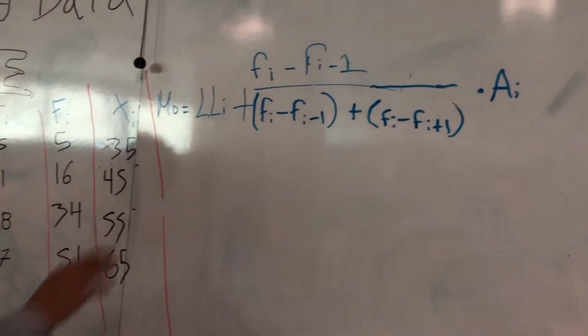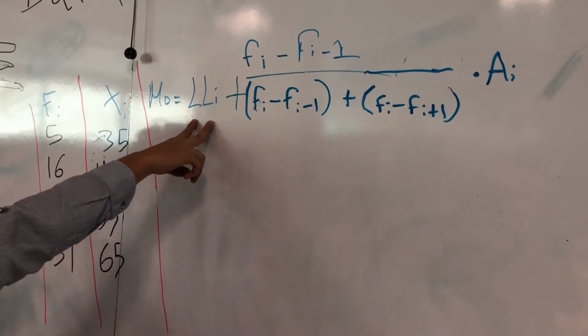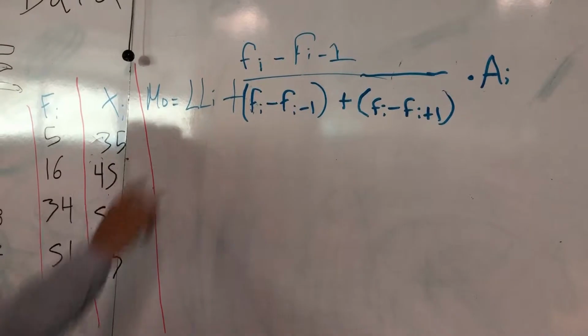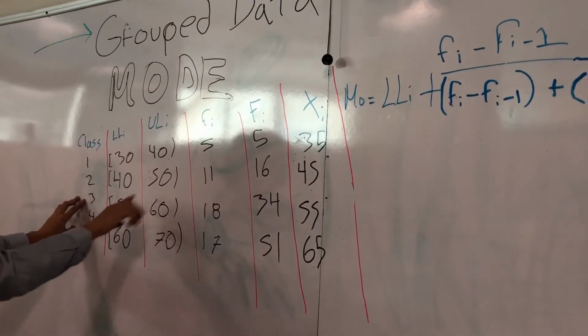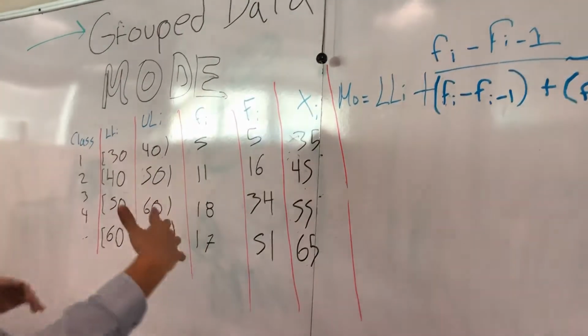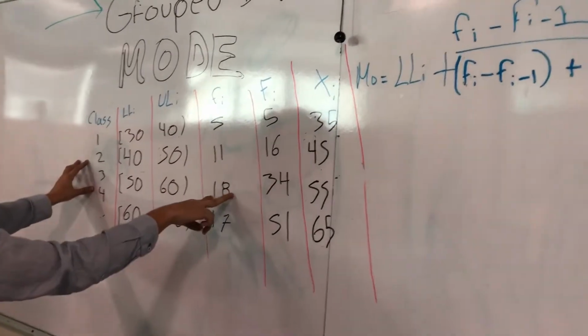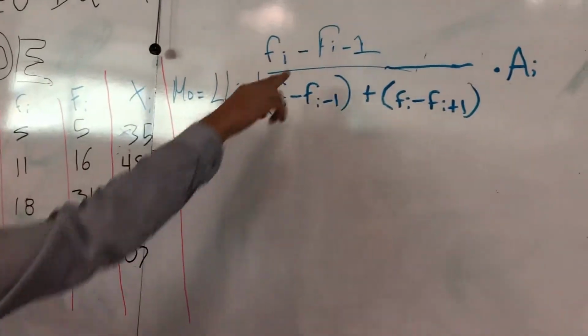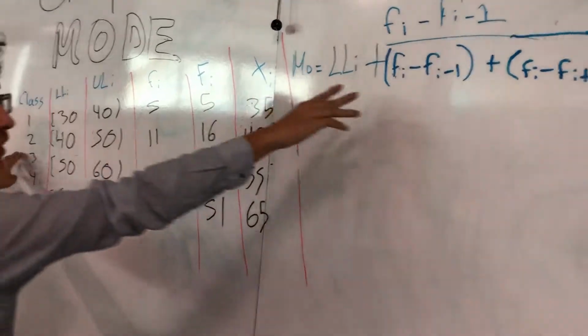Next step, we are going to substitute. On the class that we selected, we locate the lower limit, that is 50, plus the frequency of the one that we selected, 18. Next, minus the one that is before, so it's class 2, 11.